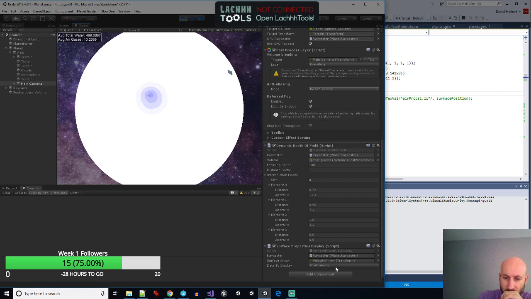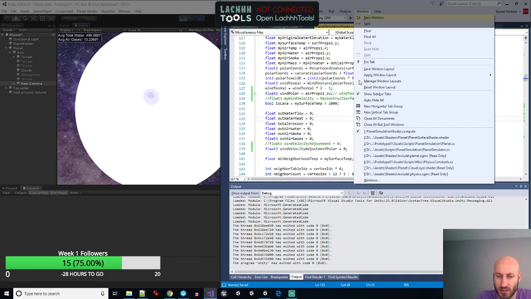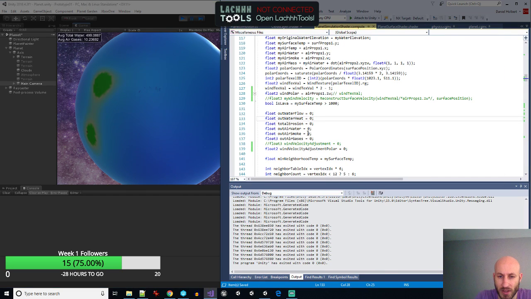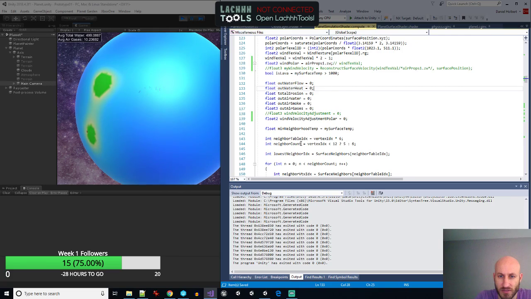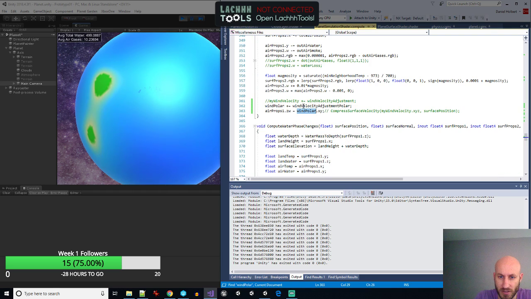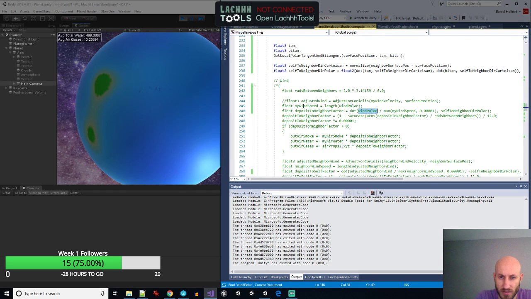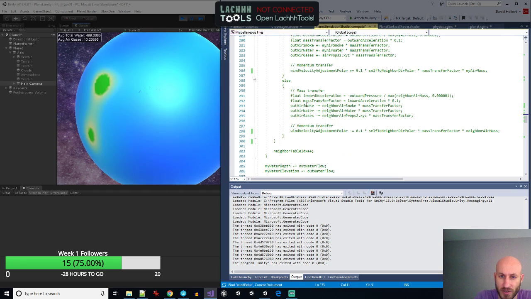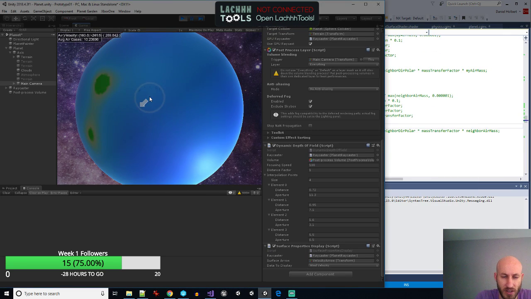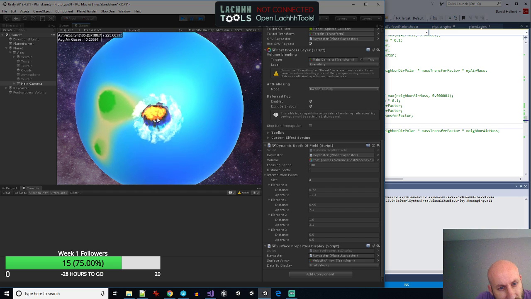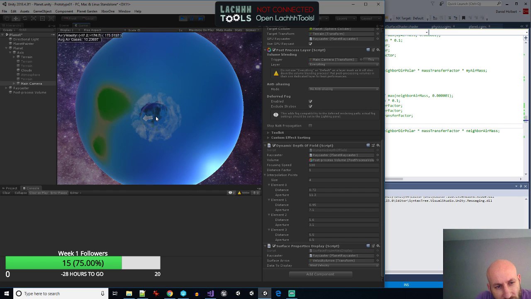But what is cool is that if I turn off my visualization here, and I turn off all the wind stuff, and I turn off the air pressure stuff, then as I create a little ring around the volcano, it's in a pretty small area around it, and it doesn't appear to be going anywhere.